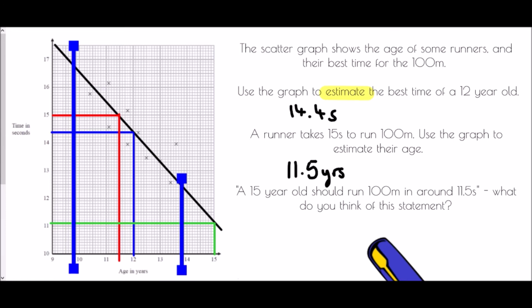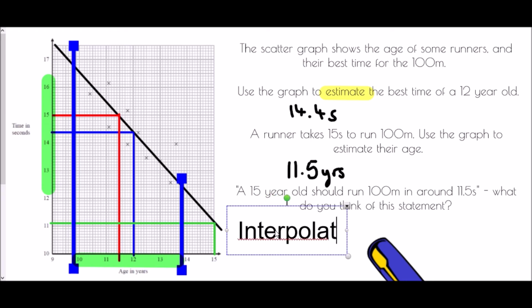That means that any values that we read between these two ages and, in the other sense, between these times, would be absolutely fine. They would be perfectly reliable, and that is because they are known as interpolation. Inter meaning inside.